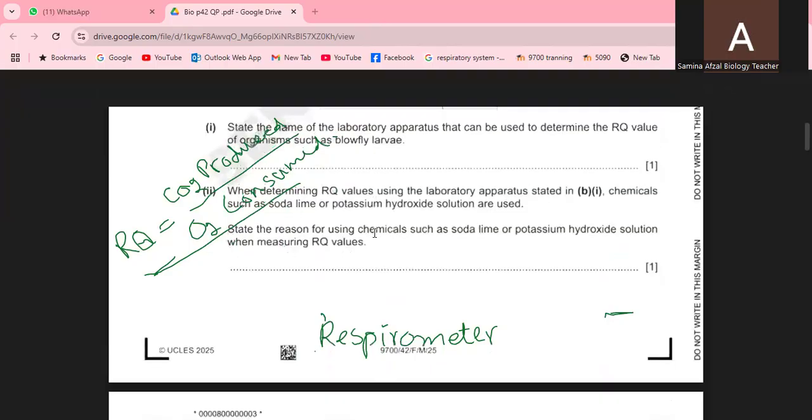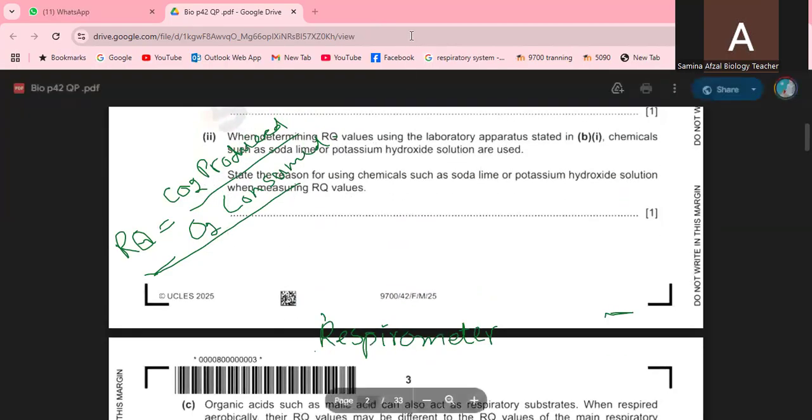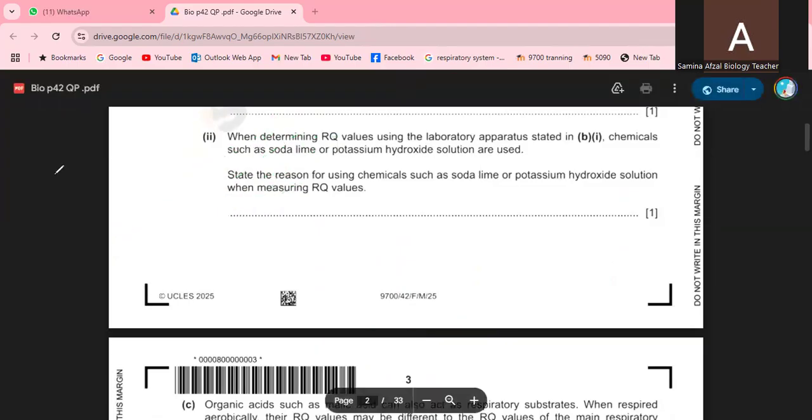Now, the next question is: state the reason for using chemicals such as soda lime or potassium hydroxide solution when determining RQ values using the laboratory apparatus stated in B1.